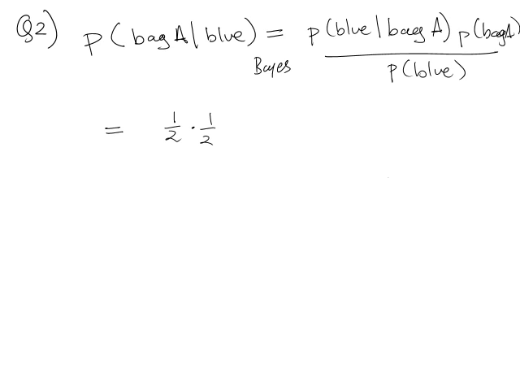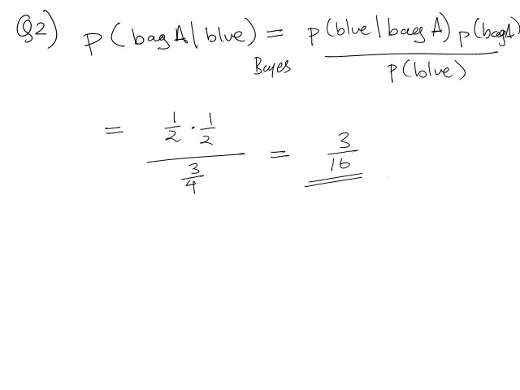Probability of bag A is a half. And the probability of getting blue in the experiment overall is the first part of the question, which we calculated. And the answer to that was 3/4. So if you put these together, you get that the probability that it was bag A is 3/16.